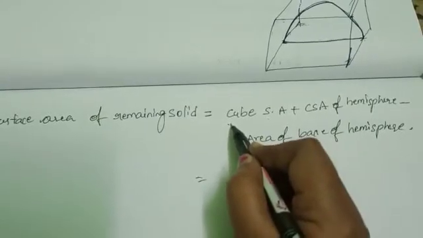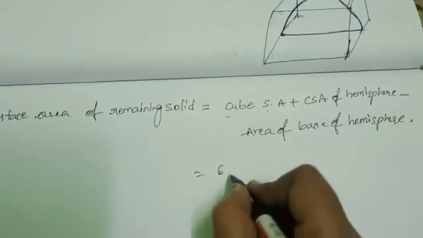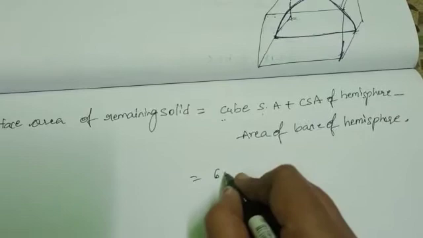The surface area of the cube is 6a square, that is 6 into side square.